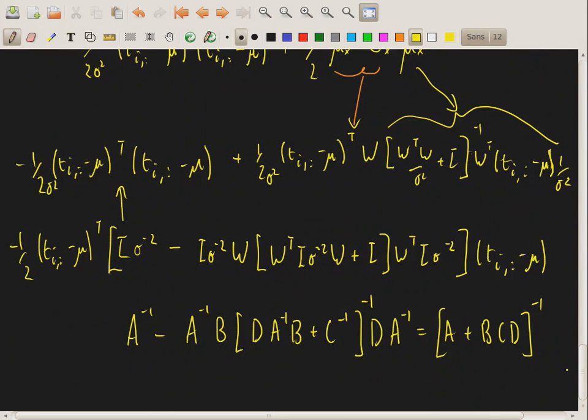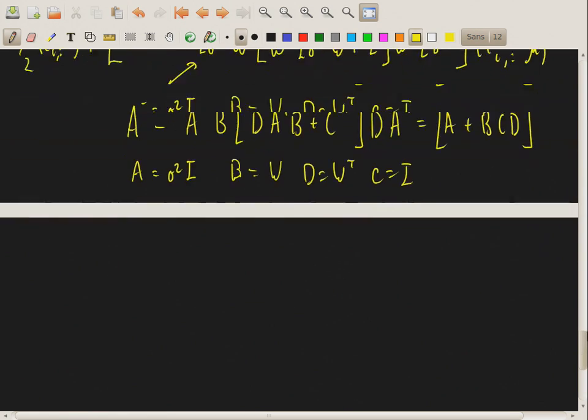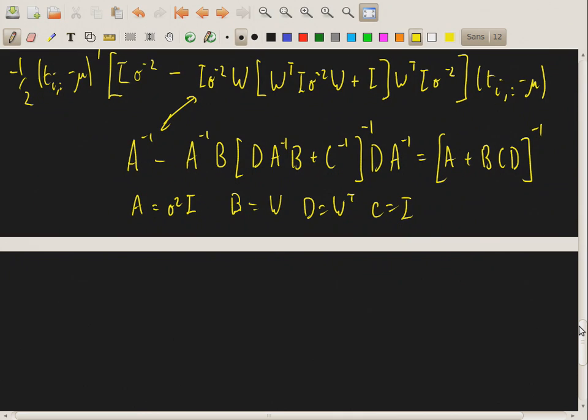So on that matchup, A is equal to sigma squared I, B is equal to W, D is equal to W transpose, and C is equal to I. So that gives us the marginal likelihood has this covariance.